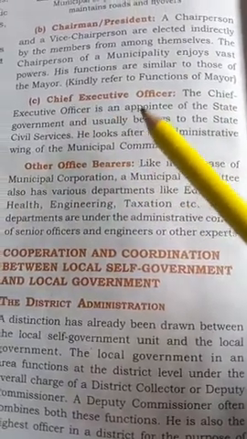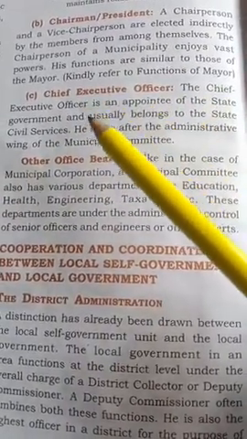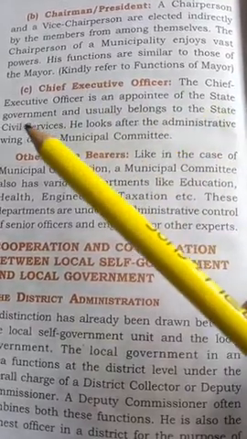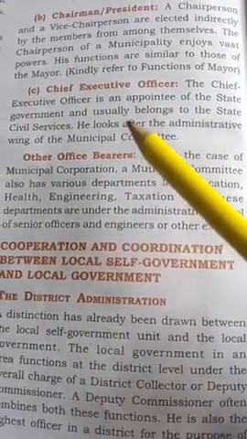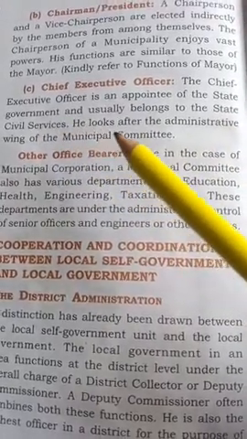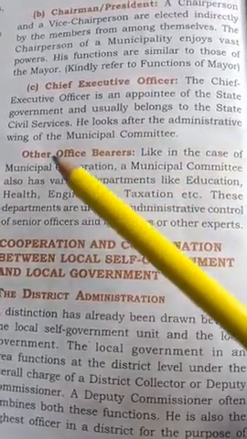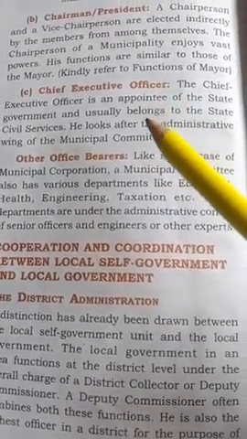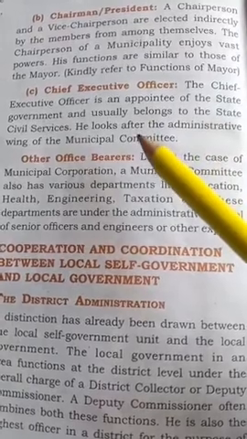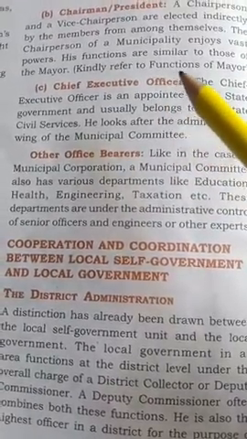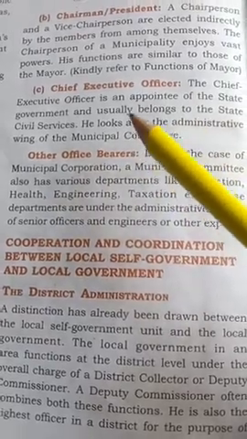Chief Executive Officer. The Chief Executive Officer is an appointee of the state government and usually belongs to the state civil service. He looks after the administrative wing of the municipal committee. He is appointed by the state government and he is a salaried person. He keeps the records and all the things.